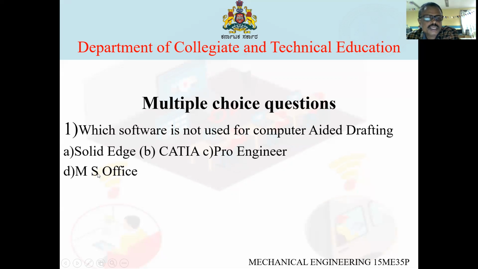MS Office is used only for creating documents, that is Word documents, spreadsheets, presentations, PPTs, all these things. So the answer for this question is MS Office. It is not used for computer aided drafting.